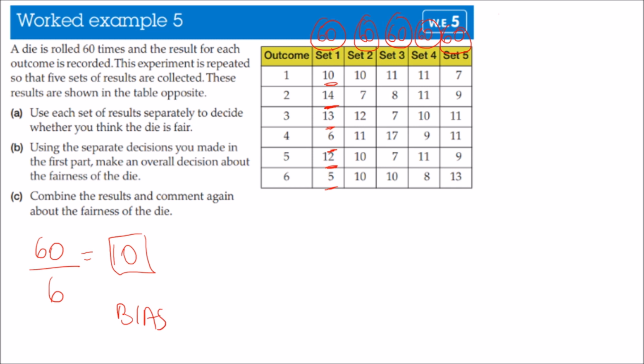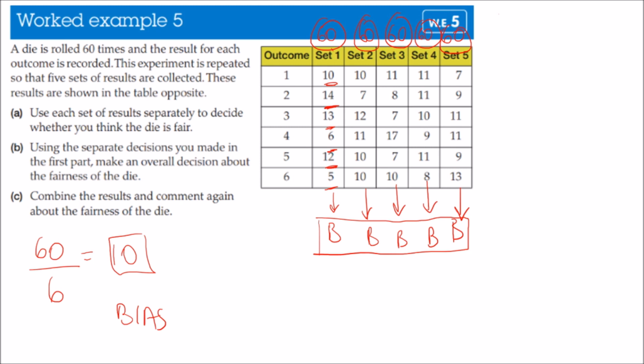Using the separate decisions you made in the first part, make an overall decision about the fairness of the dice. Oh, hang on. So that means it's biased. That one is biased. That one is biased. That one is also seeming like it's biased. Now, if I just looked at what I've said over and over, I would say that it's biased.